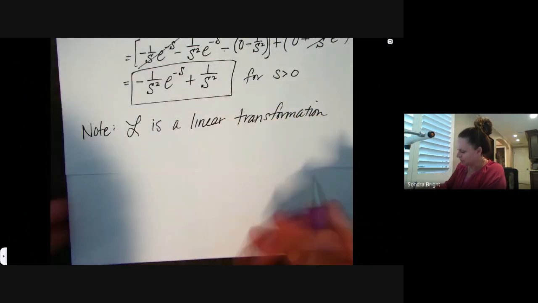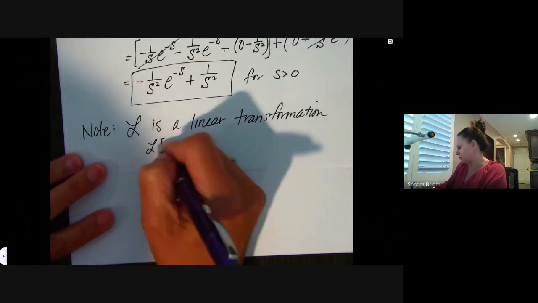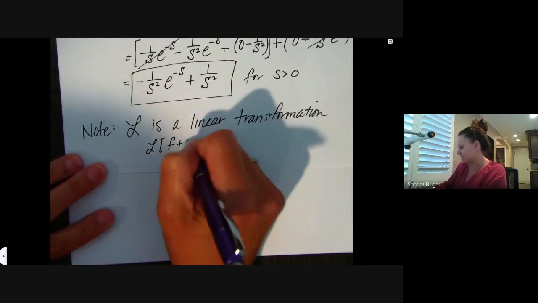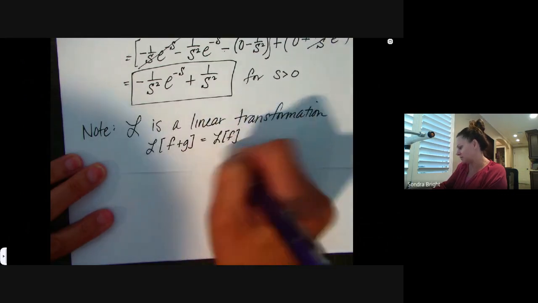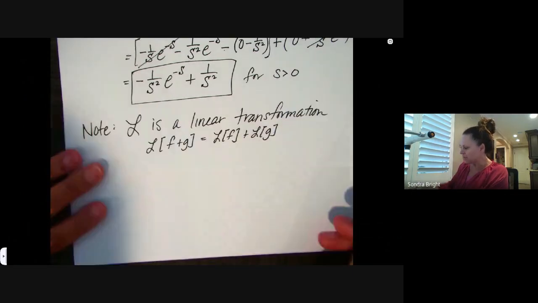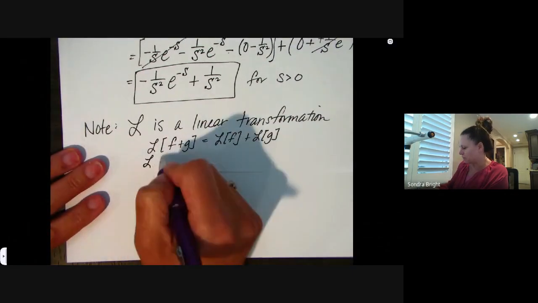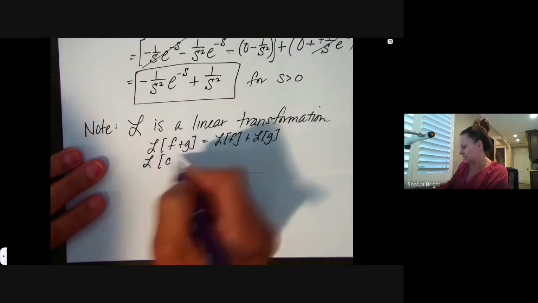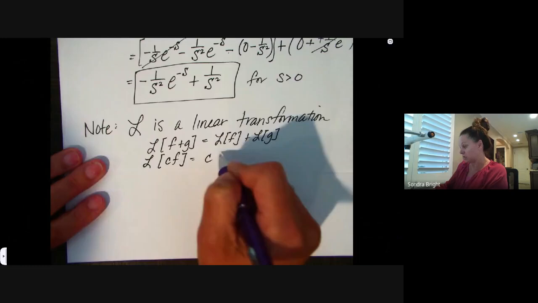That meant that when I take L and do the Laplace transform on two functions added together, it's the same as taking the Laplace transform of f and the Laplace transform of g, and then adding those together. The other part of the linear transformation is that when you do the transformation on a constant times the function, it's equal to the constant times the transformation of the function.